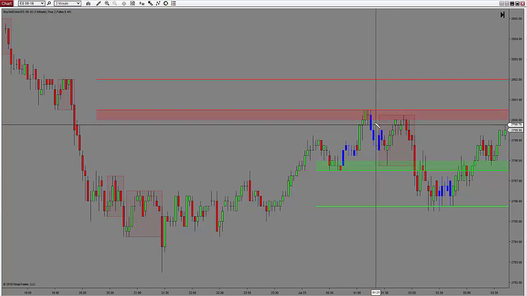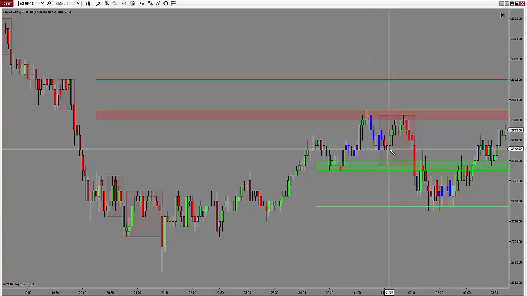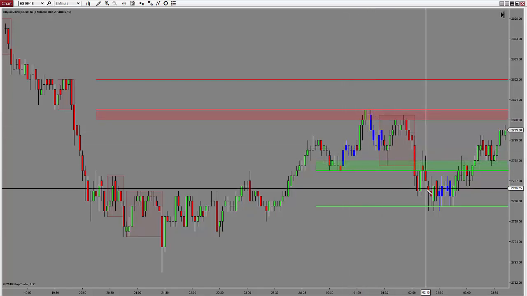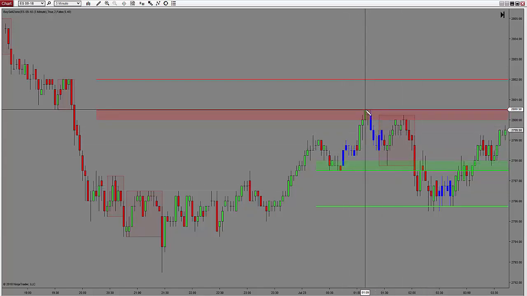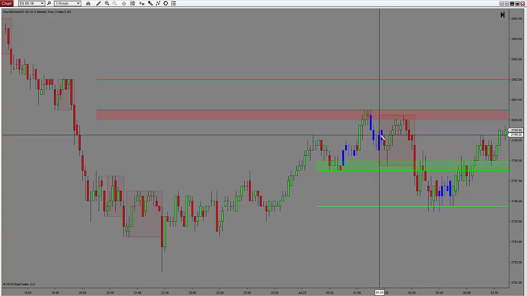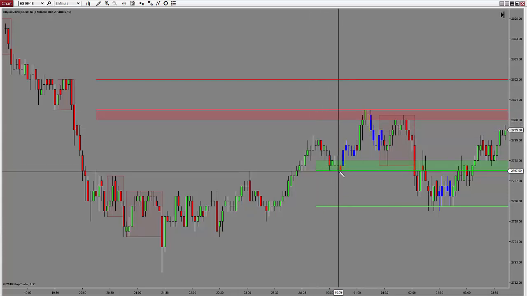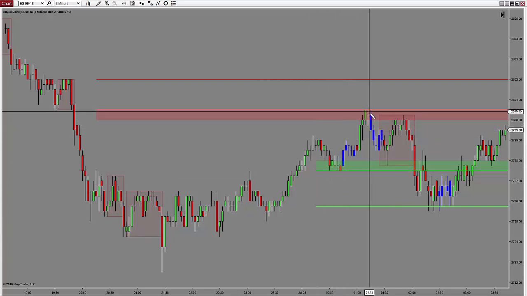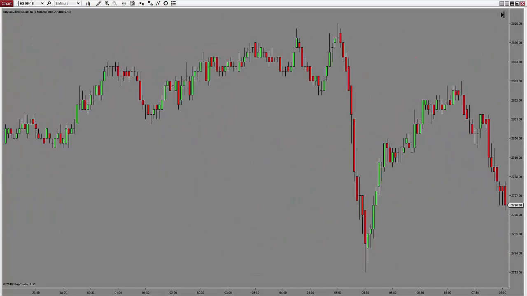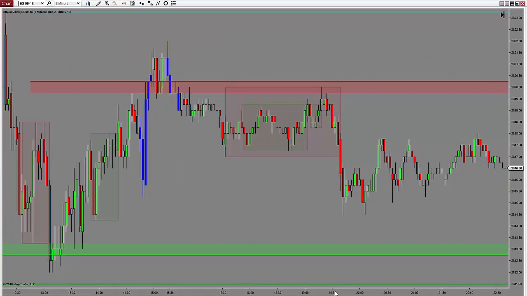So here's a good example of once you finalize your testing, you're going to know, do I even take these trades? Do I take a trade if I've rejected off of a sell zone prior to entry? Or even for a short, would I take a trade if I rejected off of a buy zone prior to entry? I don't know. Don't know the answer to that yet. Anyway, so I just want to walk through that with you.